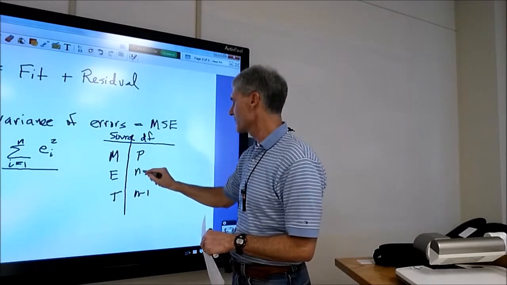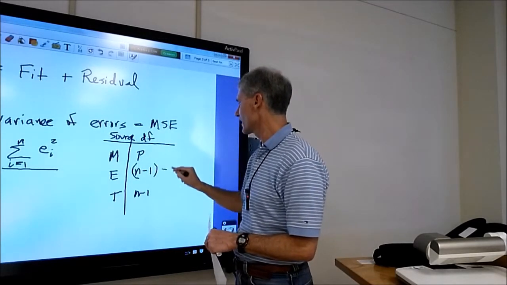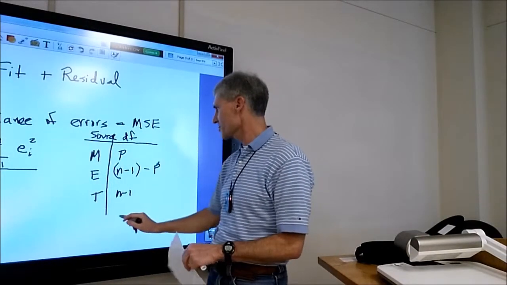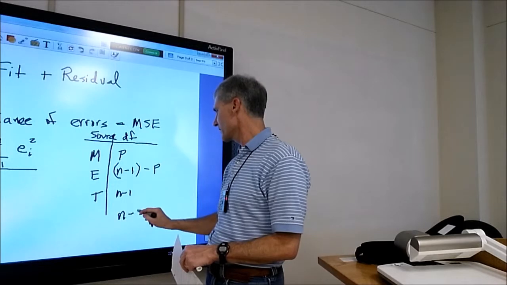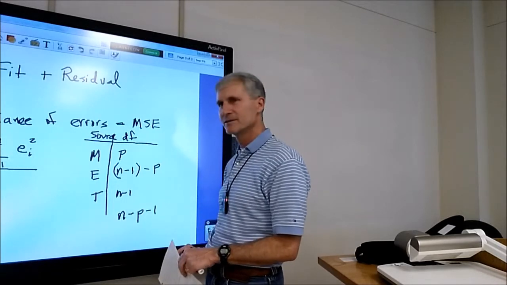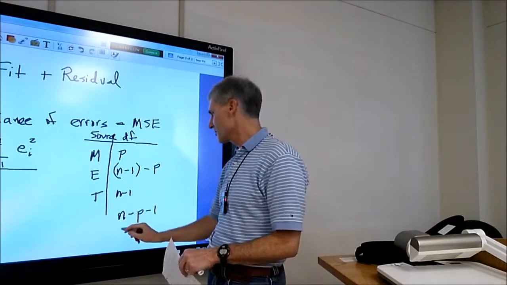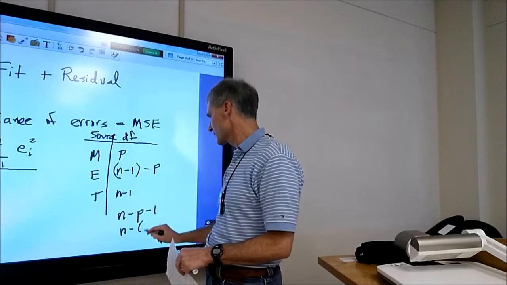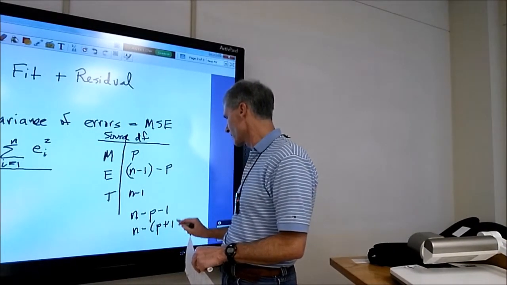So it's n minus 1 minus p, which is n minus p minus 1, which is fine. The book then factors out the negative and says n minus quantity p plus 1.